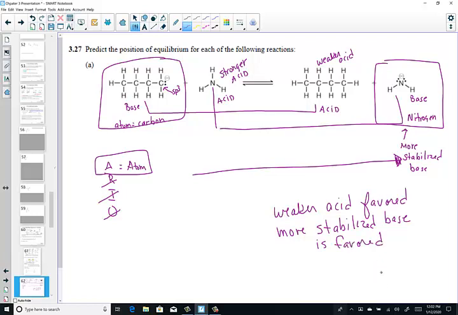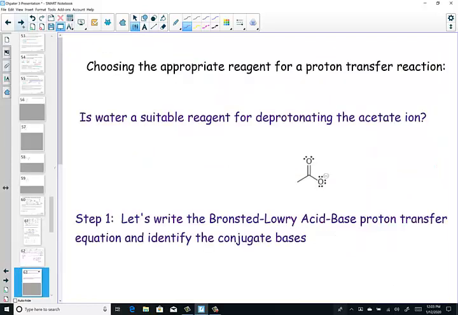So clearly we see that this equilibrium will be favoring the right side, so the equilibrium arrow shows more product than reactant at equilibrium. Same idea, just applying what we look at in terms of equilibrium to ARIO and deciding which one would be the more highly stabilized conjugate base.